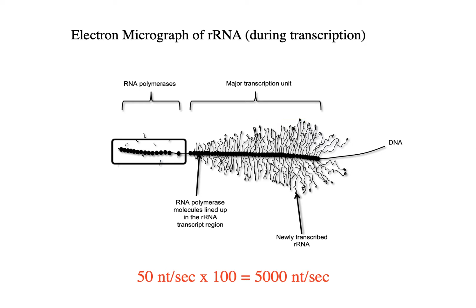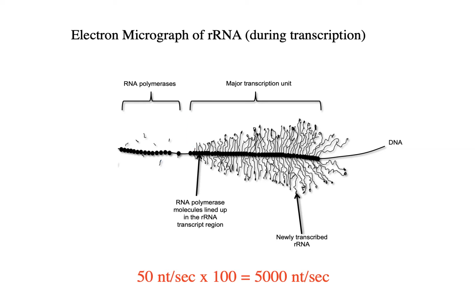Upstream from that is a region that contains repetitive elements that look something like the promoter region, and so it lines up the polymerase molecules here so that they can easily be shifted to the promoter when that site becomes open.